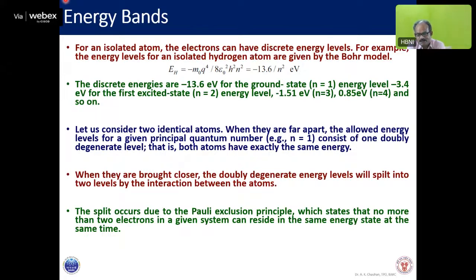Now let us see, if I try to bring hydrogen atoms together, as close as possible so that they are interacting with each other, their wave functions influence the wave functions of the other hydrogen atoms.